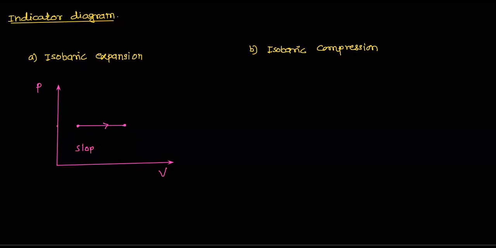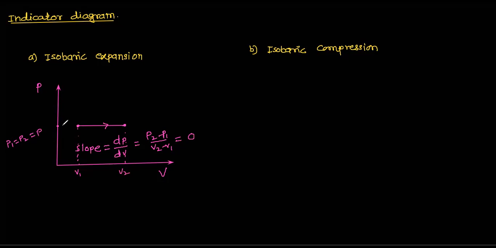So if we find the slope, slope is equal to what? dP by dV, right? P2 minus P1 by V2 minus V1 is equal to 0. Why? Because P1 is equal to P2 is equal to P, and here it is V1 and V2, but it is of no use. Even though the denominator has a value, the numerator is 0.